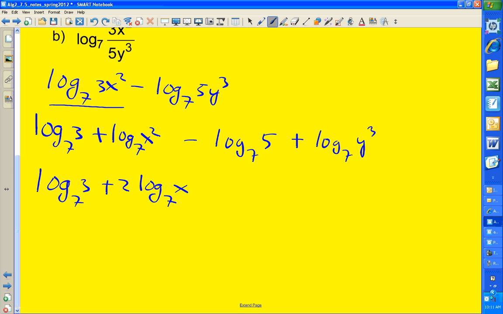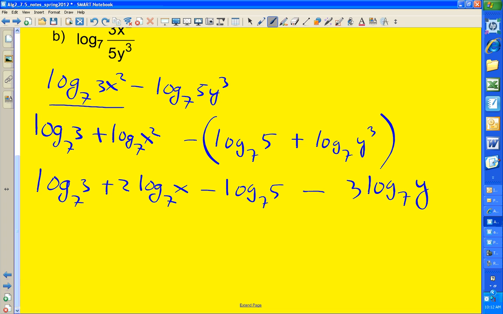We need parentheses. Because it's minus this, we need to treat it like this. Right? But we don't want to end with parentheses. So how do we get rid of the parentheses? Distribute the negative. So minus log base 7 of 5 minus 3 log base 7 of y.